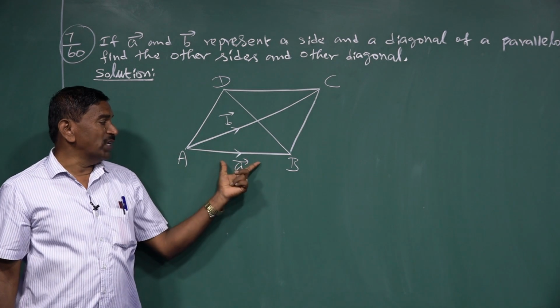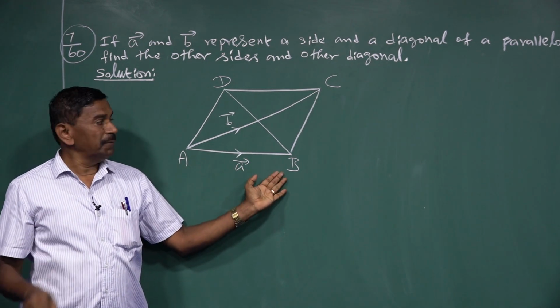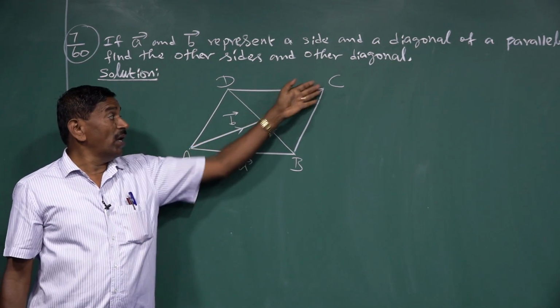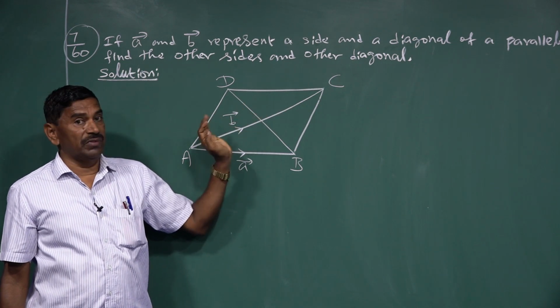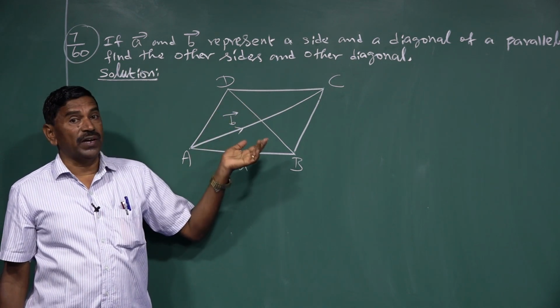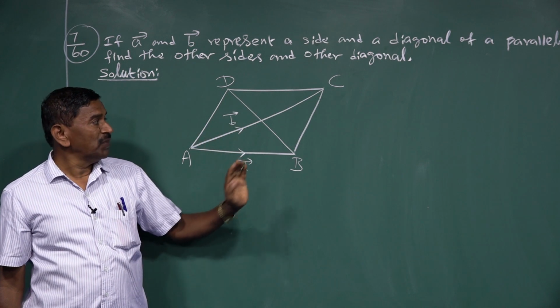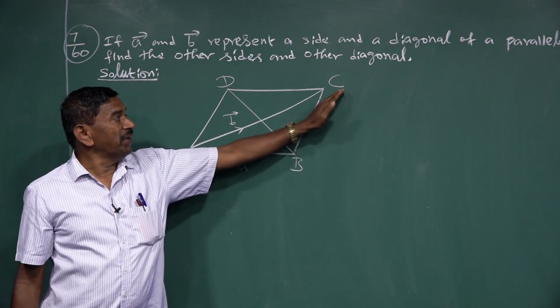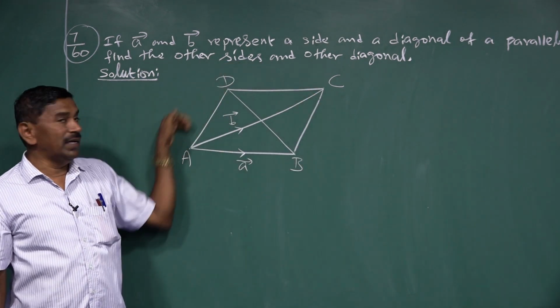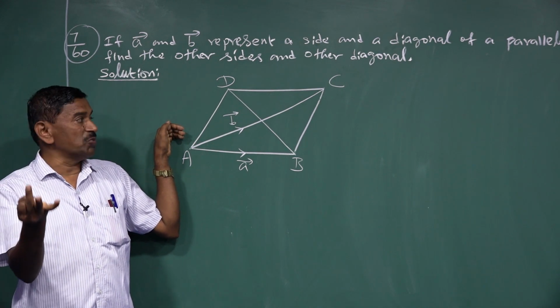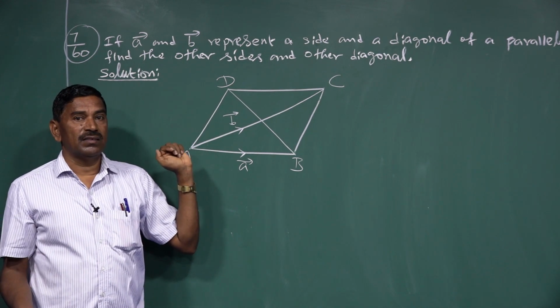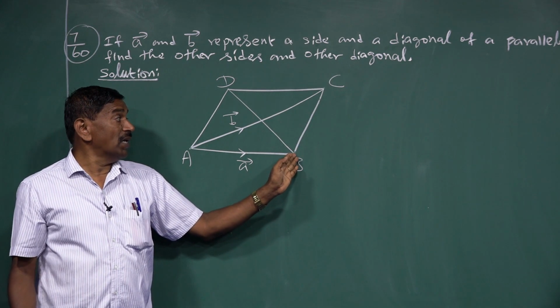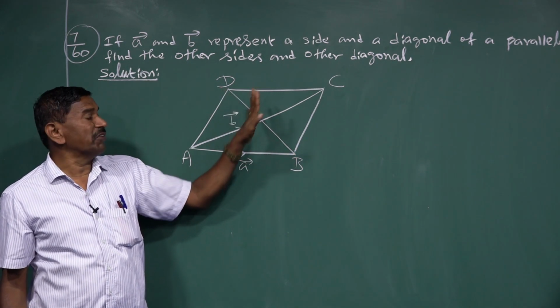And what we have to find? The other sides, BC vector, CD vector, DA vector, the remaining three sides, and the other diagonal BD vector. So it is our aim.